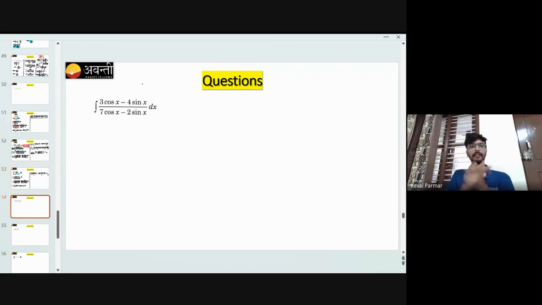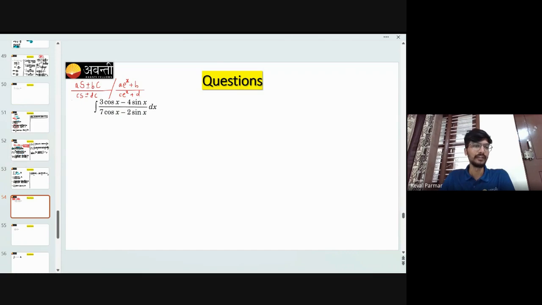Now, let me tell you, this is again a good question of a particular format. What format you can see in general? Let me write it here. The format we can see is a sine plus minus b cos upon c sine plus minus d cos, or the other one is a e raised to x plus b upon c e raised to x plus d.